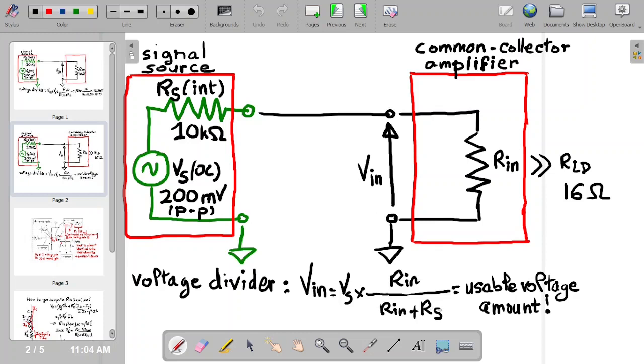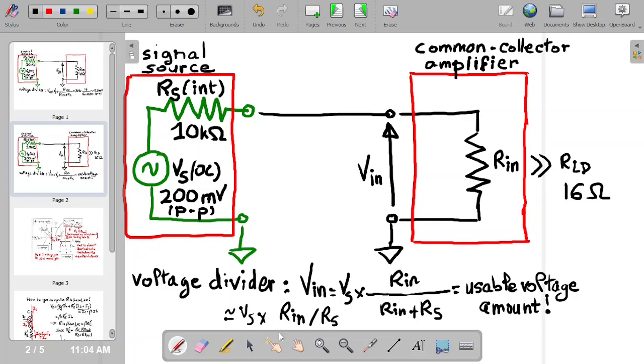So this Rs is 10K, but the Rin is going to go up to, let's say, 1K. So this Rin is still low with respect to Rs, so you can say that Vin is about equal to Vs times Rin divided by Rs.